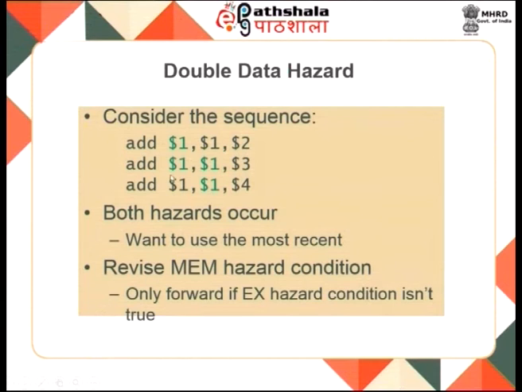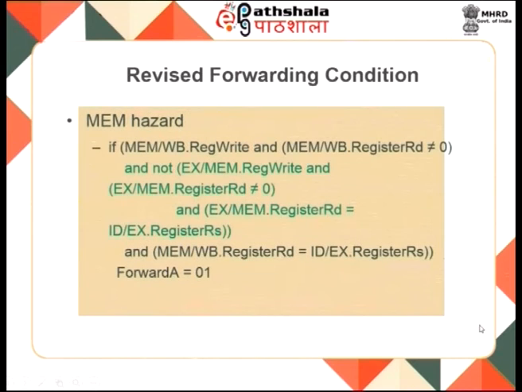There is also an execution hazard because there is a dependence between the second instruction and the third instruction. So, the memory hazard will be considered only when you do not have this execution hazard. In other words, if the execution hazard is there, then only the execution hazard will have to be handled so that you get the updated value. So, we just revise the forwarding condition to take care of that.